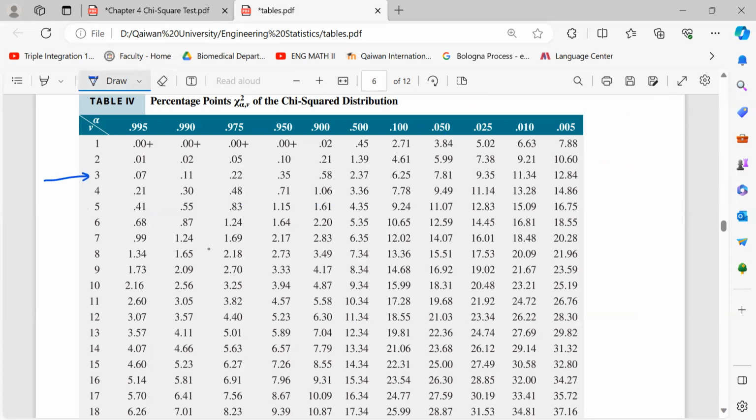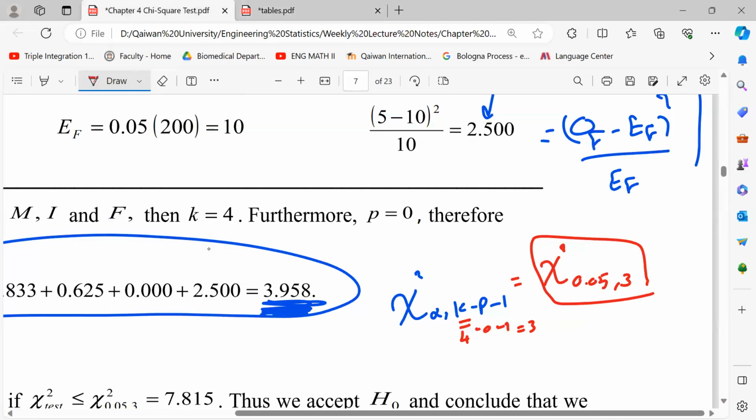This is 3, then 0.05 is here: 7.81. Now, if the chi-square test is greater than this amount, we reject H0.